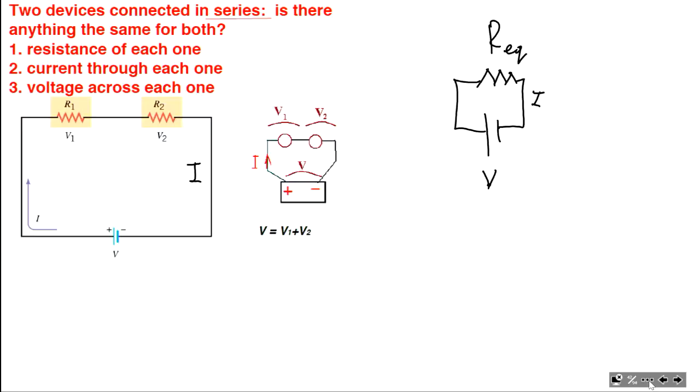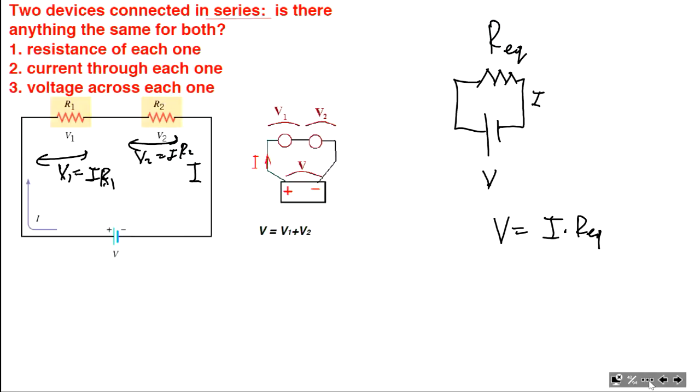Well, the Ohm's law says this for a single element. The Ohm's law says this for this single element. The Ohm's law says V2 equals I R2.